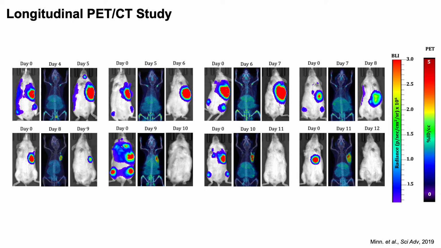On each panel on the left, day 0 is the tumor burden before we treat the mice with the CAR T cells. And in the middle, we show a PET-CT image at the indicated date, and then on the right, you see bioluminescent imaging 1 day post our PET-CT imaging.